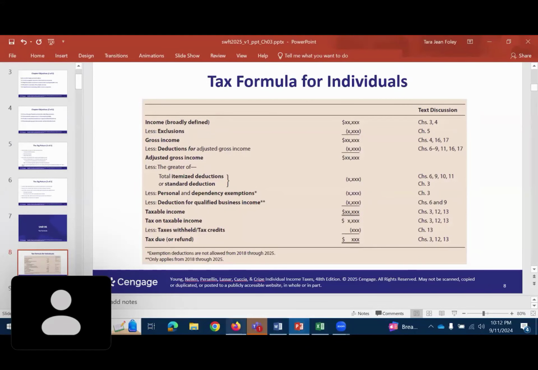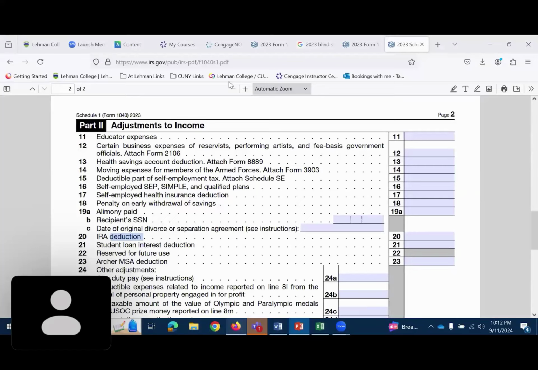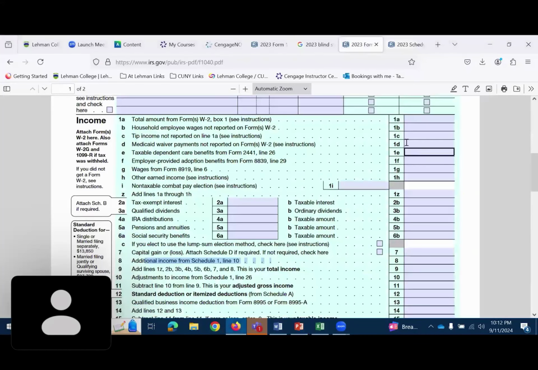But the way the form works is that on page 1, mixed into the Schedule 1 has income and deductions. And then the other schedule, adjustments to income, Schedule 1, and then you get to your adjusted gross income. So there's, in these different schedules, let's go back to Schedule 1.